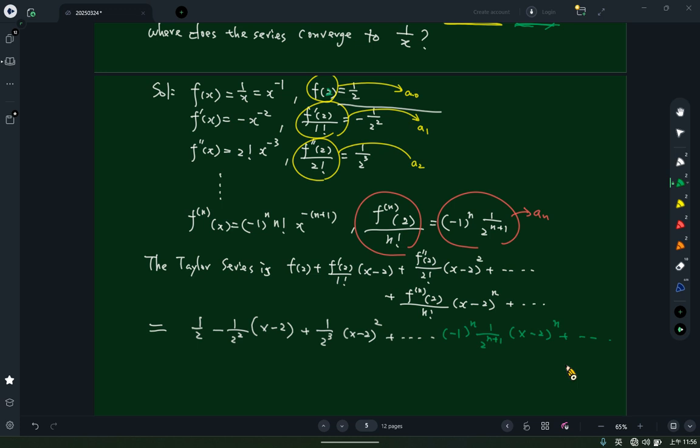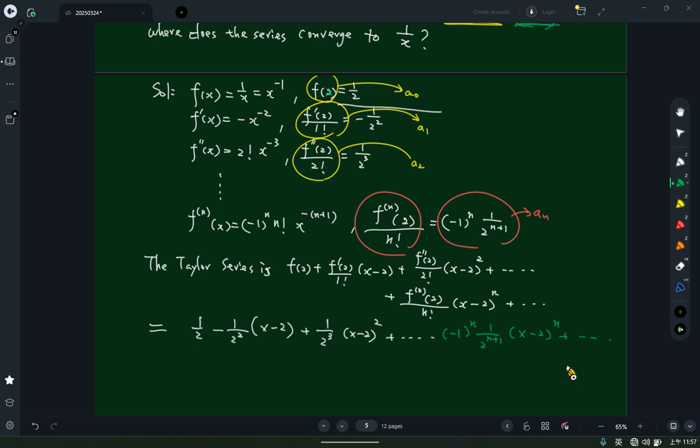So you can also notice that this term divided by the previous term, you can see a common factor. This term divided by this one, you can see it will be 1 over 2 times x minus 2. If you use this term divided by this term, it is also 1 over 2 times x minus 2.